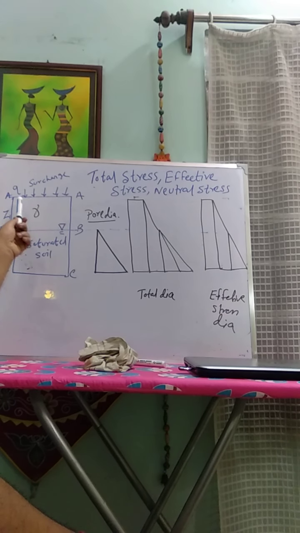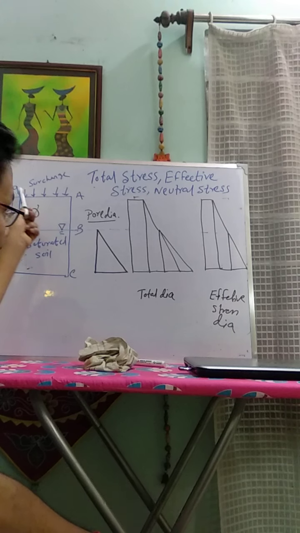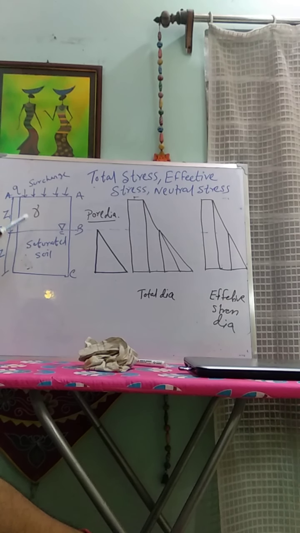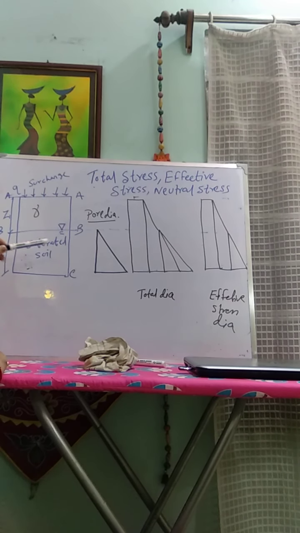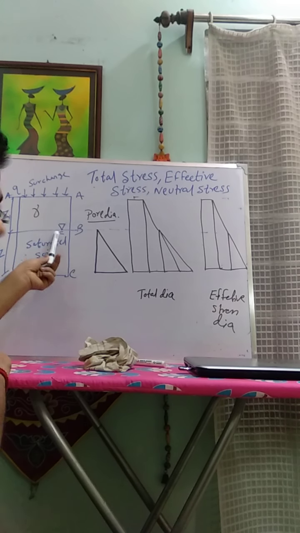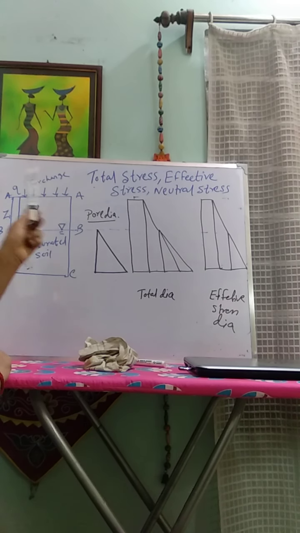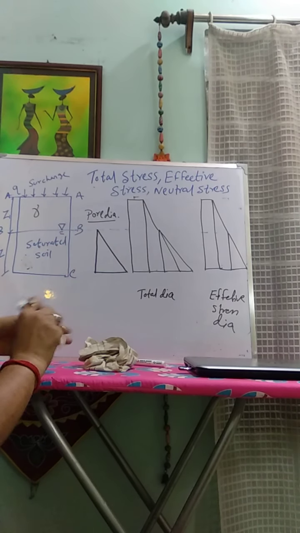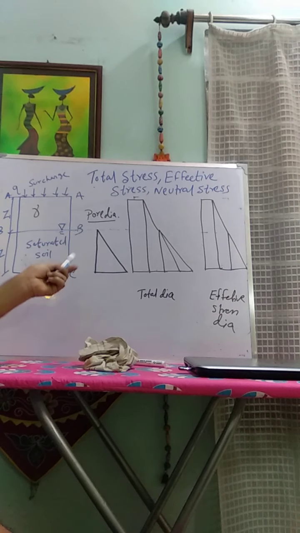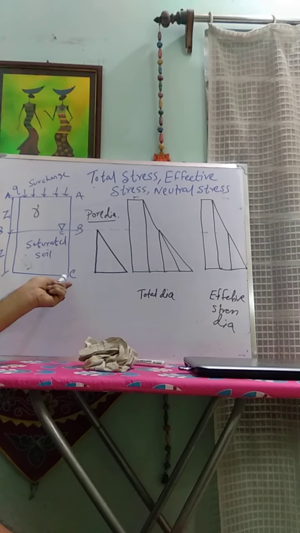This is a surcharge load Q applied on a soil strata, and the water table is located at Z1 distance from the top, and this distance is Z. We consider the plane AA, the plane BB, and the plane CC.